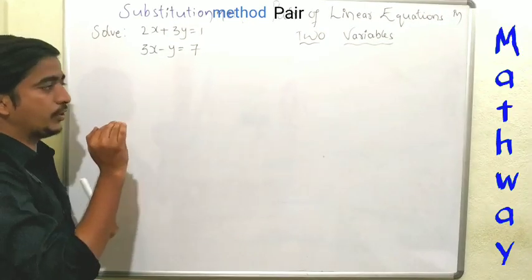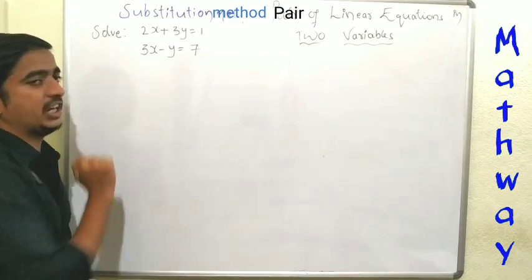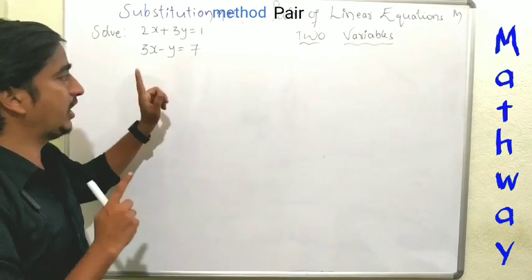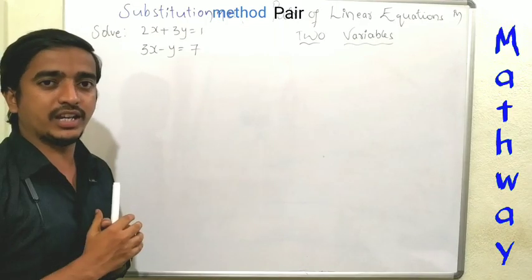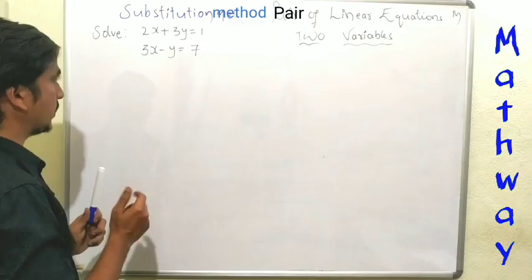Before finding the solution, let us see the nature of the solution of these linear equations. Is it a unique solution, no solution, or infinitely many solutions? How to check that? Using the previous concept, the relation between the coefficients and the nature of the solution.